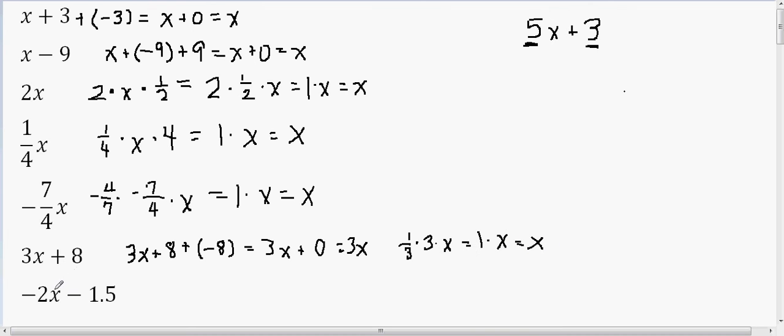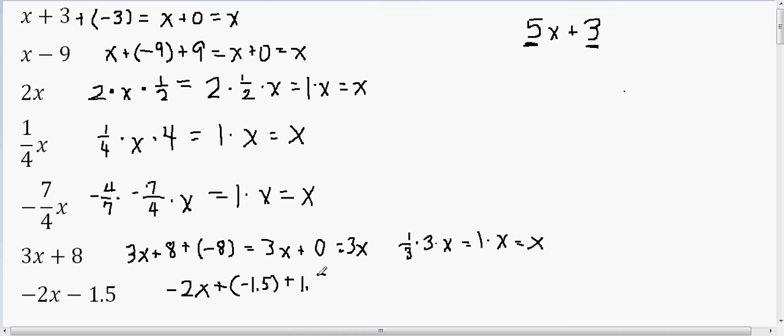Finally, we have minus 2x minus 1.5. We can rewrite this as minus 2x plus minus 1.5. Then the additive inverse of minus 1.5 is 1.5.